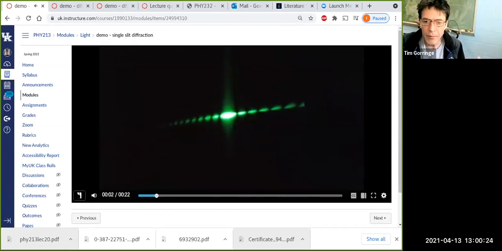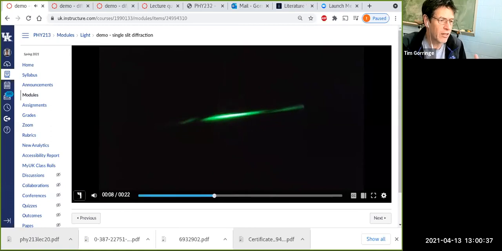And so I'm making the slit narrower and narrower, and you're seeing the diffraction pattern kind of expand and expand. The spaces between the dark fringes and the bright fringes are getting larger and larger. Finally, I make the slit so narrow it cuts off the light. I've shut the slit, and then I'm going to open it back up again.